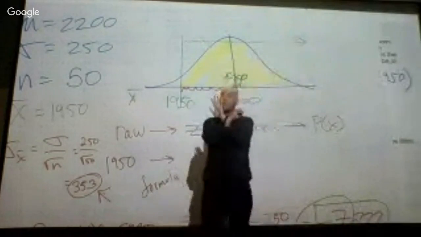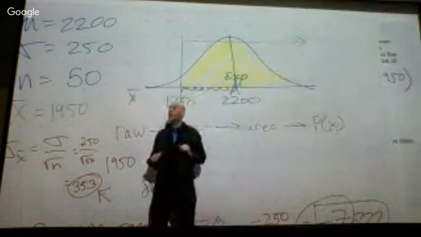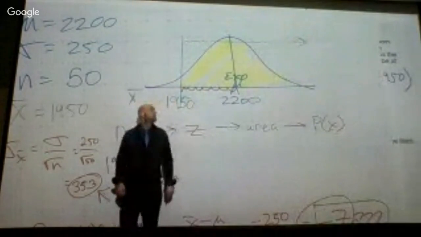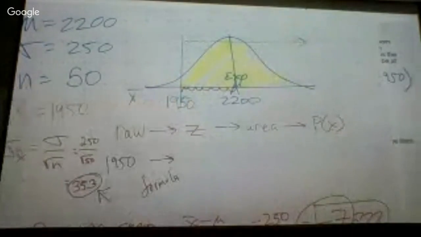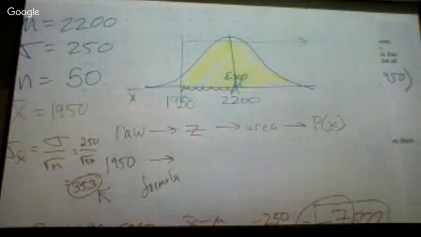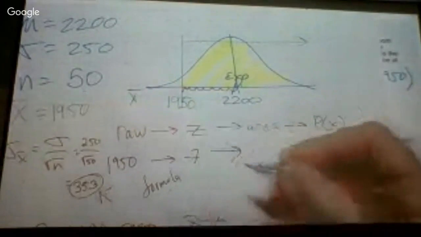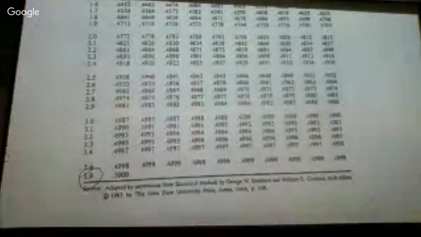Now we're saying if we find 50 apartments, what's the probability that their average is greater than 1950? Almost assured. My z-score is -7. My table only goes up to 3.9.